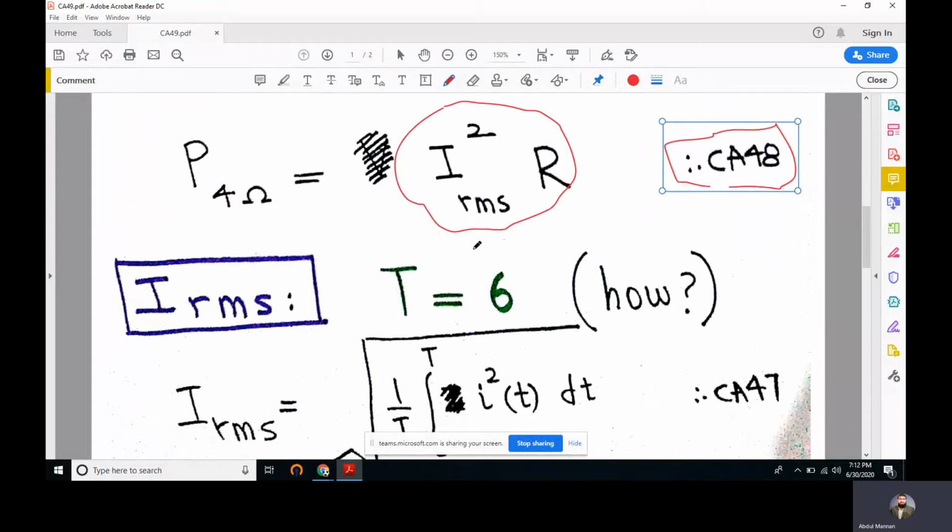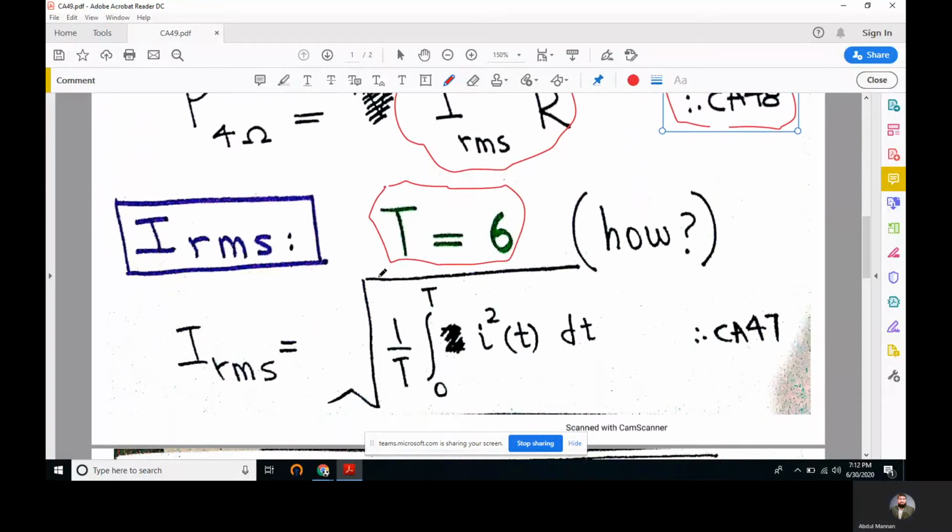Finding RMS, we first find out that the time period is 6. We have just shown that the time period is 6. Finding IRMS is using this formula, and we know that these 3 operations are applied in reverse. We first square, then we apply mean, and then we compute a square root.